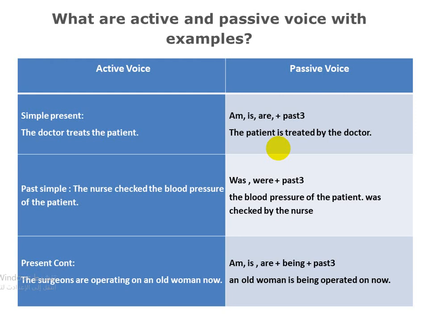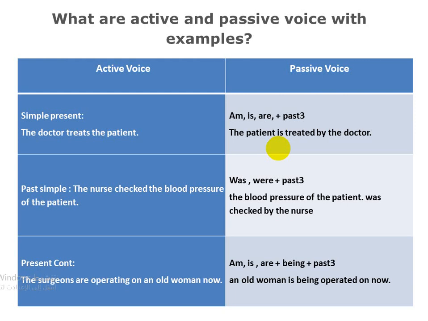Where's the verb? The patients are treated. You have to follow the rule. The patients are treated by the doctor. We can say by the doctor, or by the doctors.